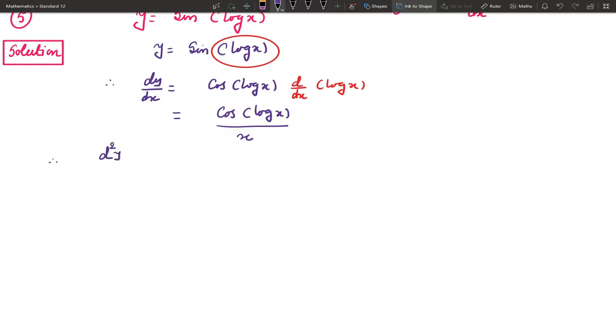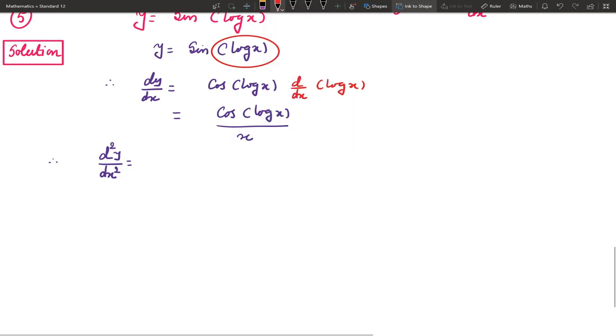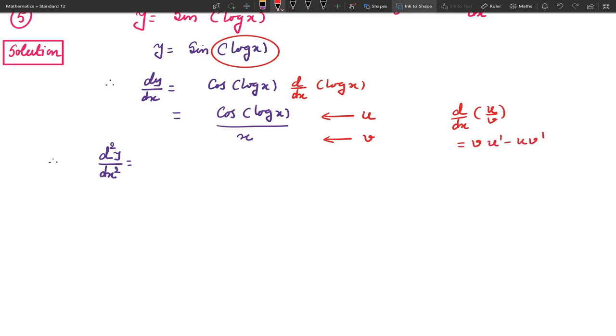So d2y by dx2. Now when we differentiate, right hand side we have to use division formula. Consider this one as u by v form. So d by dx of u by v, division formula, v into derivative of u minus u into derivative of v upon v square. So we differentiate this using division formula.